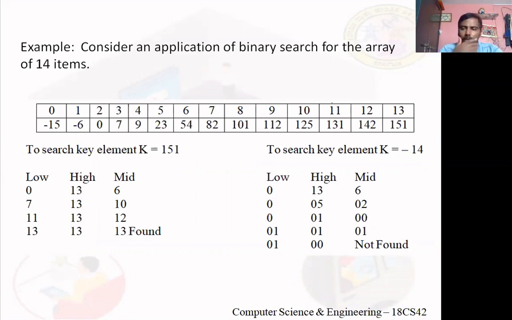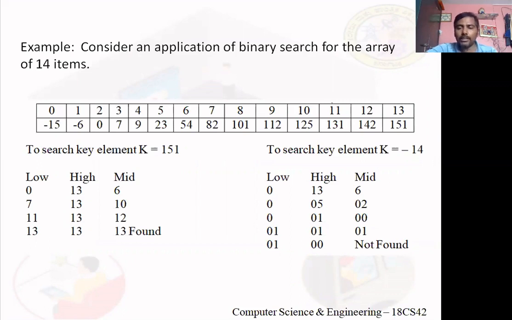Similarly, I'll explain this a bit fast. Suppose now I want to search for minus 14. Of course, minus 14 doesn't exist, so be cautious. Initially low is 0 and high is 13.